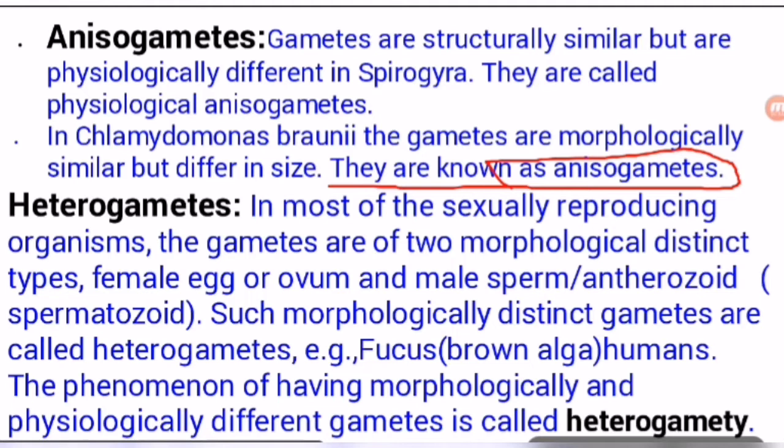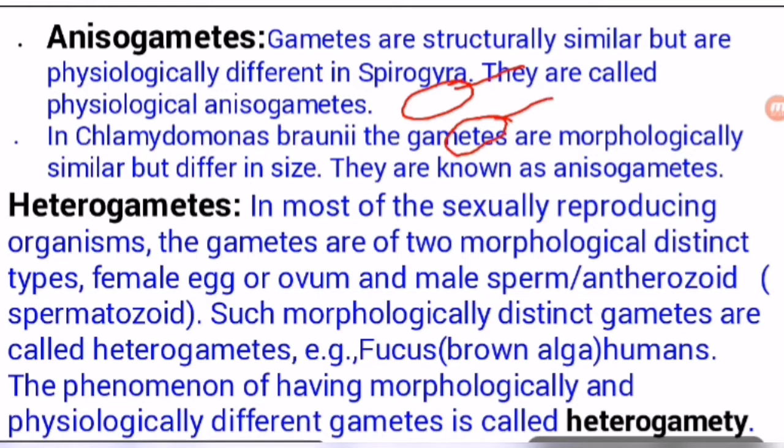I want to tell you with an example. Physiologically similar means they may look just similar like this one, but their physiology may be different. Their physiology may be different means flagella may be absent in one or present in another. But here all are similar, the structure is the same, but the size is different.